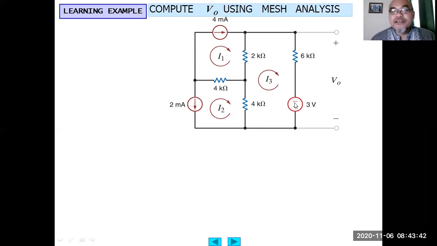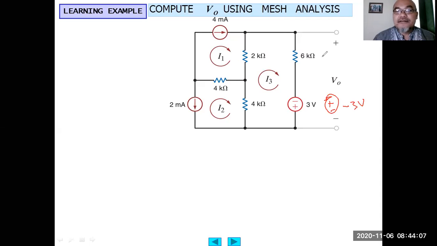This is 3 volt, but the polarity is positive at the bottom and negative at the upper part, so the lower part is 3 volt higher than the upper part. So we can redraw it as this one, but then we have to assign a negative value, minus 3 volt.